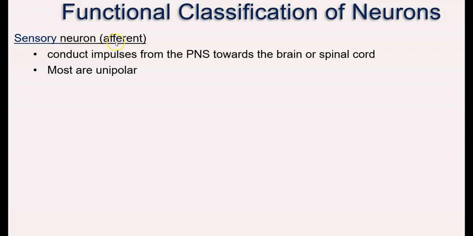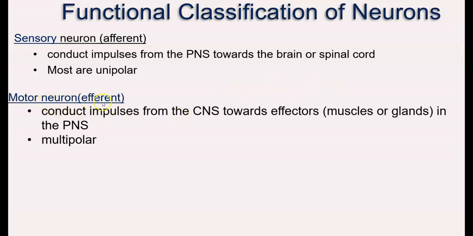So information always starts at a sensory neuron, and it heads towards your central nervous system and then relays to the motor neuron. Your motor neuron is efferent, and that's going to take the impulse away from the central nervous system towards what we call an effector, which is either a muscle or gland, and that's going to be in the peripheral nervous system.